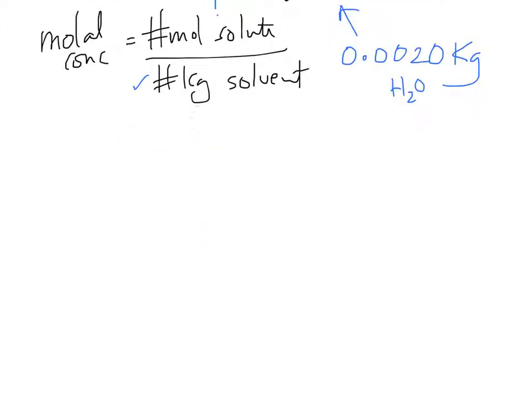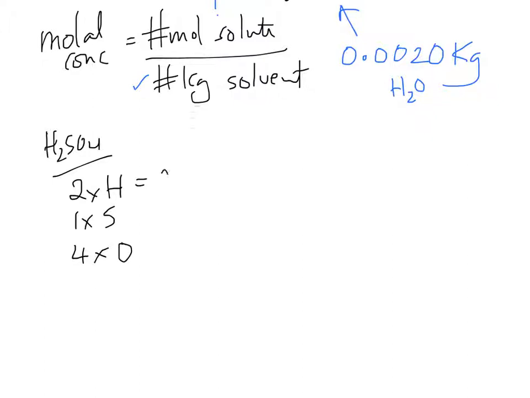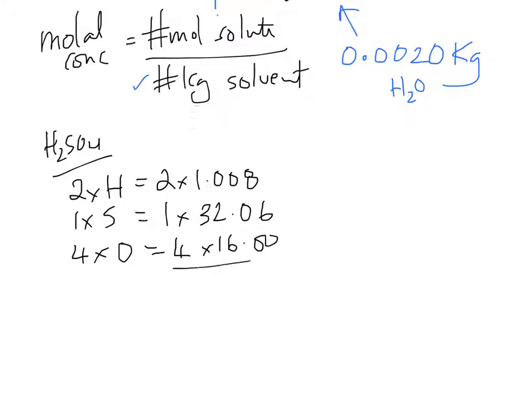Well, we've got 98 grams of sulfuric acid. So let's take sulfuric acid and learn how to convert grams into moles. You probably remember doing a lot of this in the first semester. What we do is multiply the atomic weights by the number of atoms. Sulfur is the only one that is not commonly used in these problems, but hydrogen and oxygen and carbon we use an awful lot. You probably have that committed to memory.